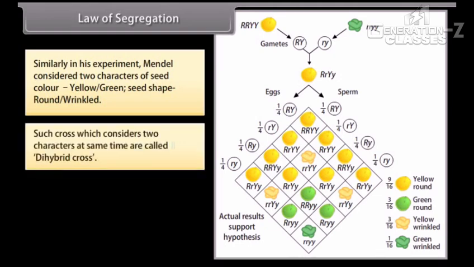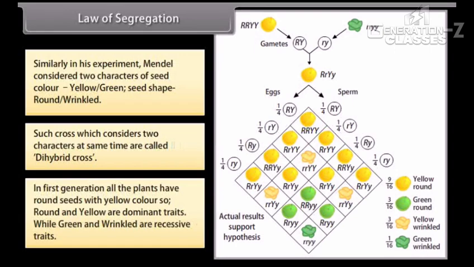Such cross which considers two characters at the same time is called dihybrid cross. In first generation, all the plants have round seeds with yellow color. So, round and yellow are dominant traits, while green and wrinkled are recessive traits.